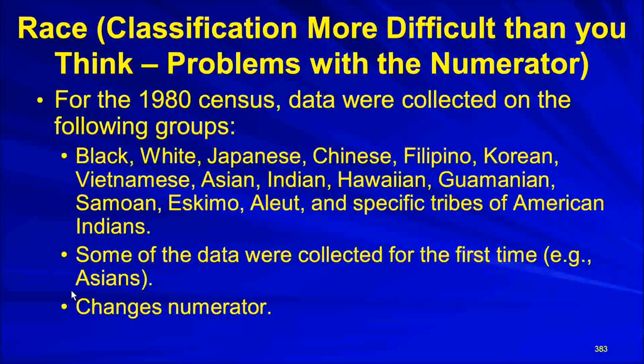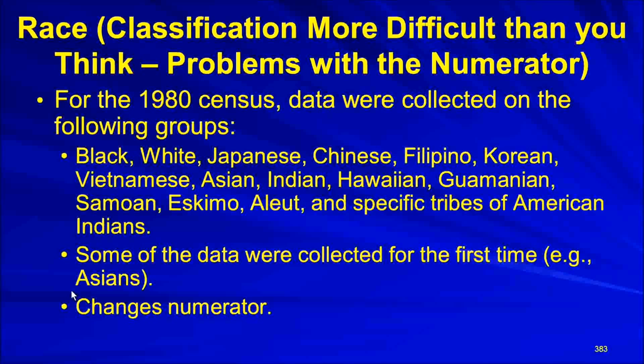Now, for the first time, the 1980s census collected data on the following groups: Black, white, Japanese, Chinese, Filipino, Korean, Vietnamese, Asian Indian, Hawaiian, and here you go, right? And some of the data were collected for the first time on Asians. So we had a change in the numerator. But coming up with agreed upon definitions of what constitutes a particular race is left up to the individual.